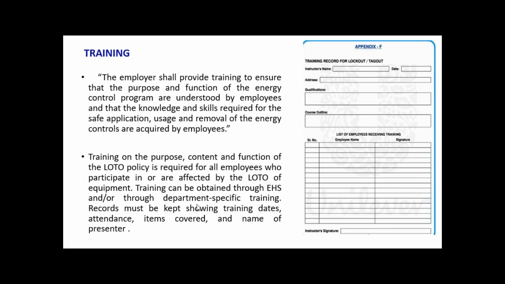If you don't have an expert person in your organization for conducting these types of training, then you can have a person from other sources or from other industries also. But the training is an essential task for doing the activities under this LOTO system as an authorized person.